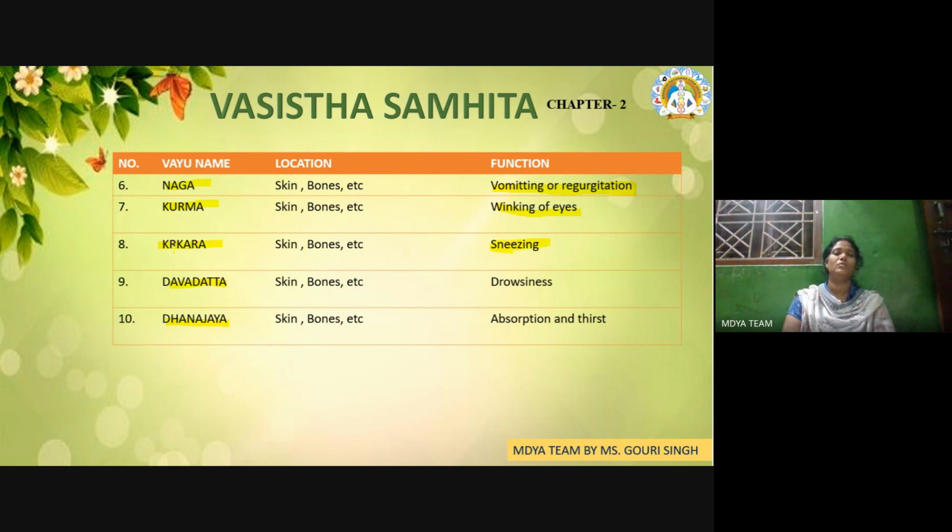Devadatta, whenever we feel drowsiness, is because of Devadatta vayu. And absorption, thirst, and the nourishment of the body are because of Dhananjaya. So these are the five Vayus and five Upavayus told by Vasishtha to Sakti.